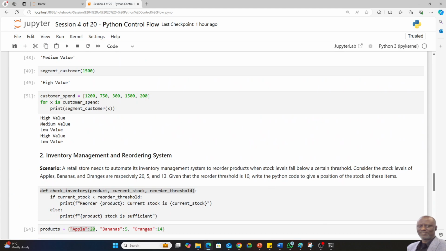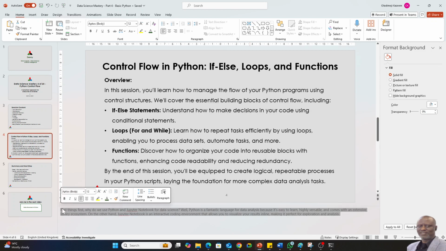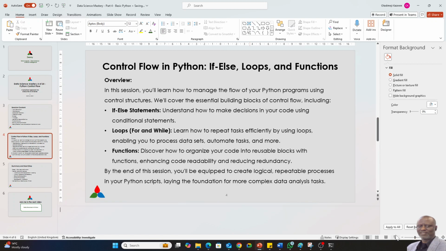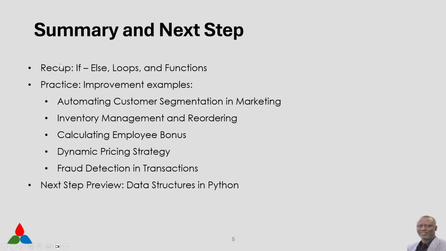Okay, so now we have somehow been able to complete all this. So far, we've talked about if else, loops, and functions. We've taken some examples. We've taken the first four questions, I mean scenarios.